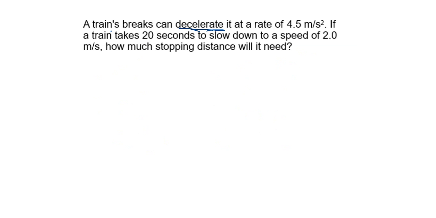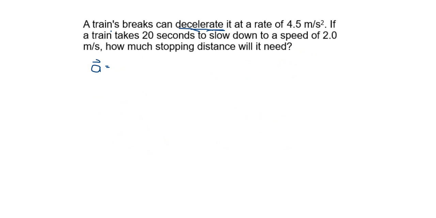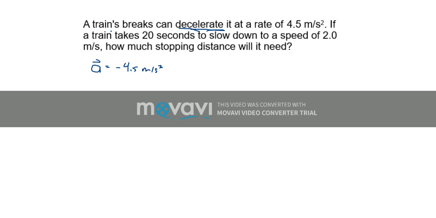So you're going to write down variables. We know that the acceleration out of the first problem is 4 meters. We're going to make time value in 20 seconds.